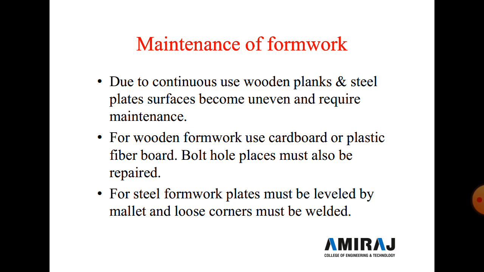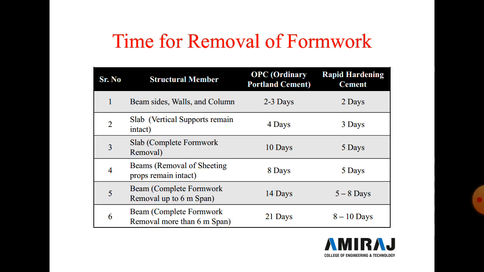Now here in the next slide we discuss the time for removal of the formwork. So here structural member is given, and for OPC and rapid hardening cement, days are given for the removal of the formwork. First we discuss beam side, wall, and column. So after 2 to 3 days in OPC cement we remove the formwork, and in rapid hardening cement we remove the formwork in 2 days.